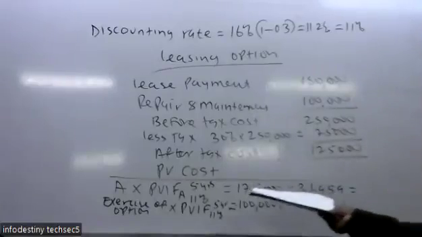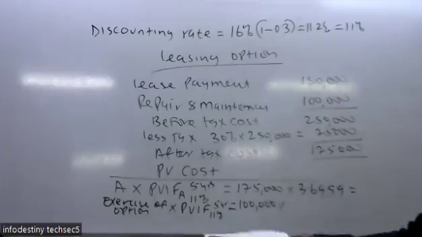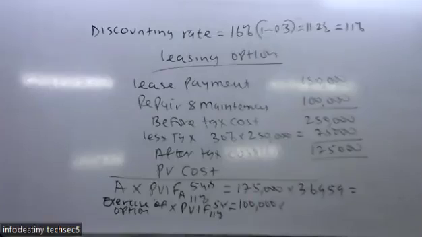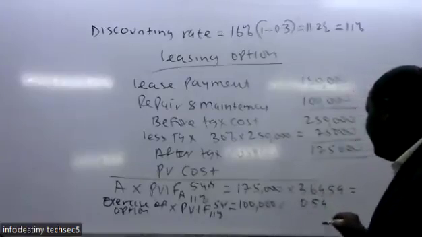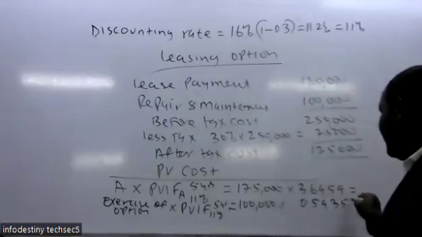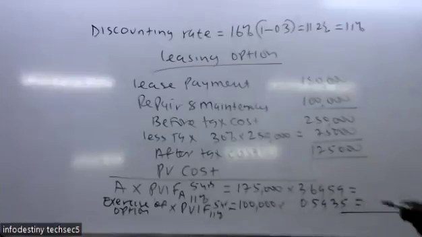We use the first table because it is only occurring once. You see that statement? They have said that the firm can choose to exercise the option to buy the computer. So when you use the first table, 11% in year 5, it is 0.59. Now add them together.